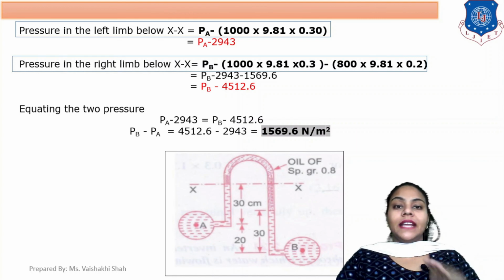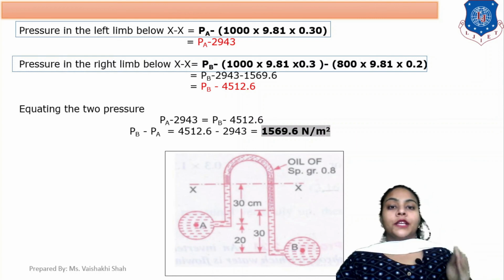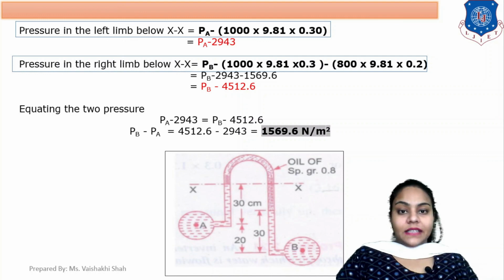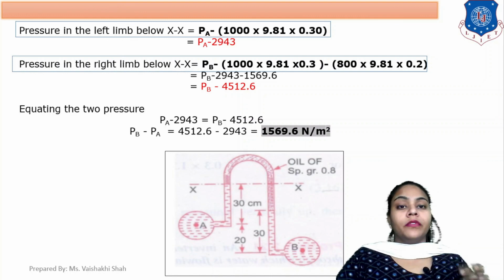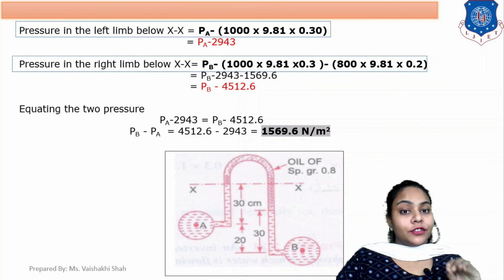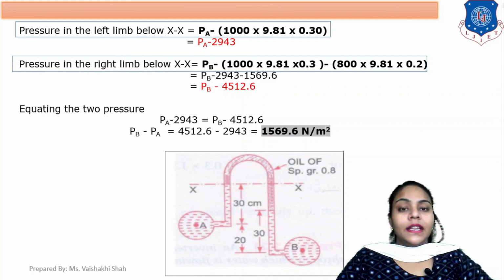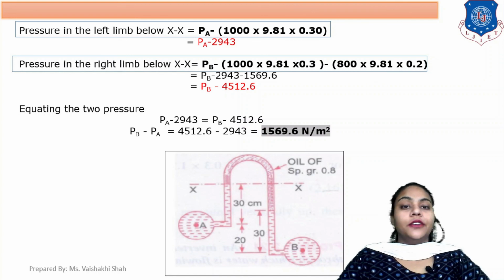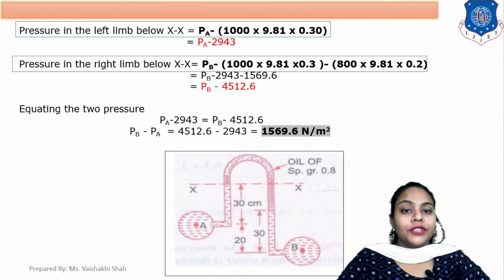Now, pressure in right column, that is PB minus, first, due to liquid in pipe B, which is water, 1000 into 9.81 into 0.3, minus 800 into 9.81, that is rho gH, H is 0.2.